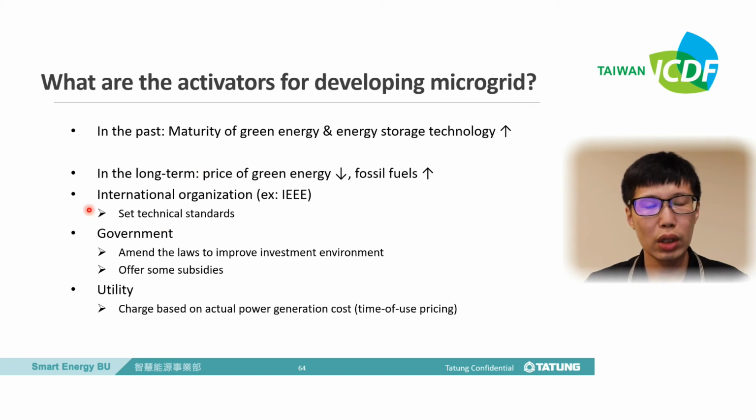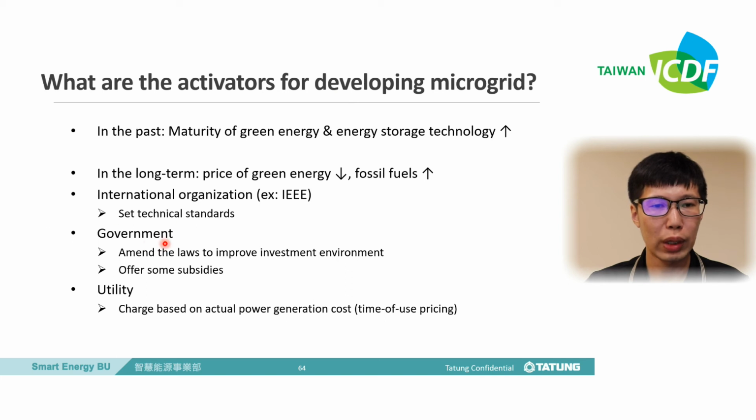And for some institutions, like international organizations such as IEEE, they can also set some technical standards on the elements in the microgrid. So it can help to improve the development of microgrids.